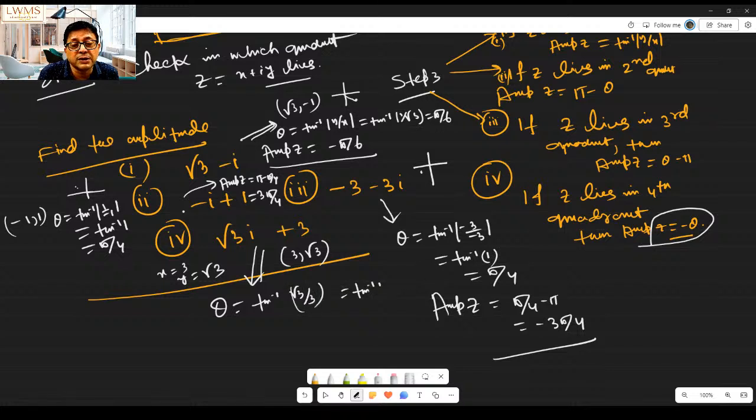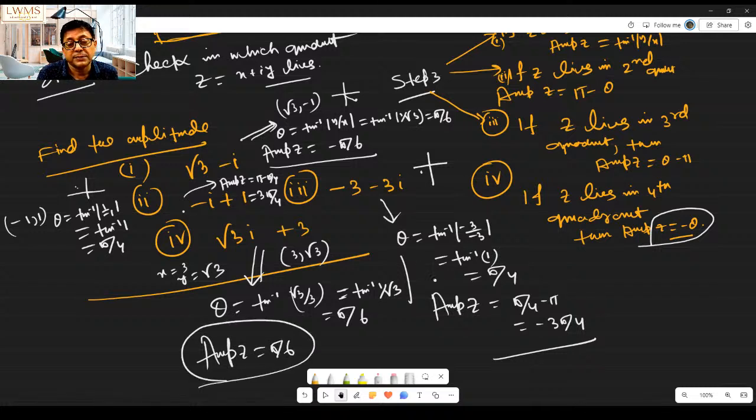Tan inverse, which angle has tan theta 1 by root 3? Pi by 6. So amp z will be what? It lies in the first quadrant. Amp z will remain the same. Clear? So this way we can write the amplitude of a complex number easily.